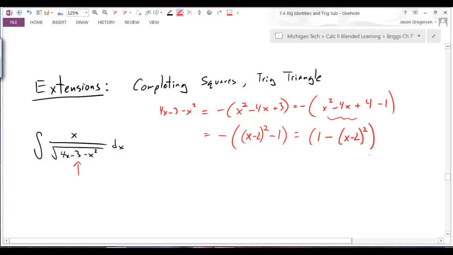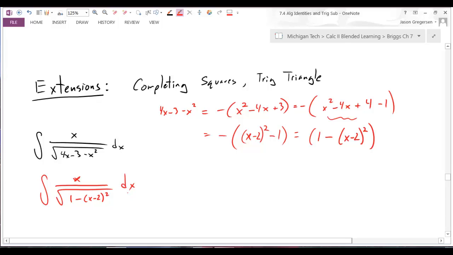Which is great, because now I have number squared minus thing squared. It's x minus 2, not just x, but we'll account for that. So far I have x over the square root of 1 minus x minus 2 squared dx. Now I need to make my substitution.